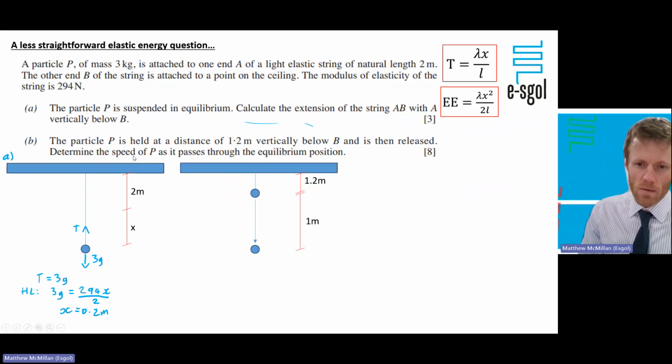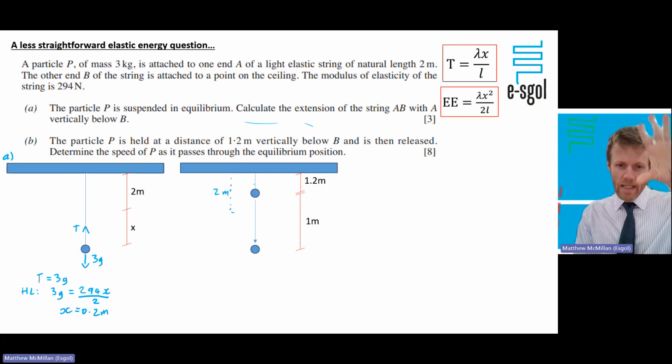So there isn't really going to be any elasticity in the model until we get beyond 2 meters, where the string will start to have an elastic effect.